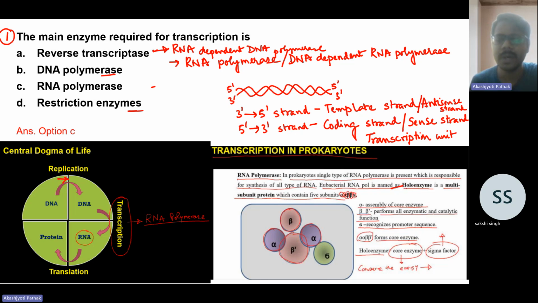When it joins with a sigma factor, the entire complex is called holoenzyme. So holoenzyme is core enzyme plus the sigma factor. The alpha is assembly of the core enzyme, beta dash performs all enzymatic and catalytic function, and sigma helps in the recognition of the promoter sequence.